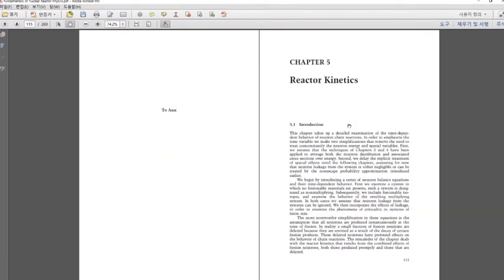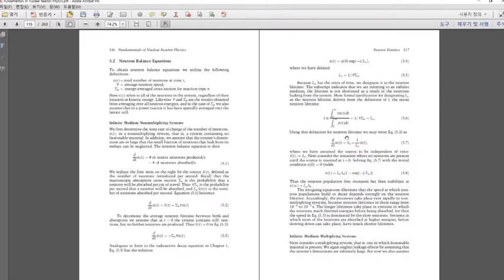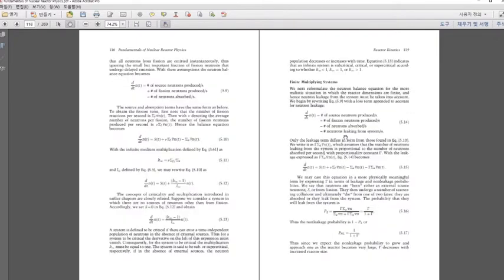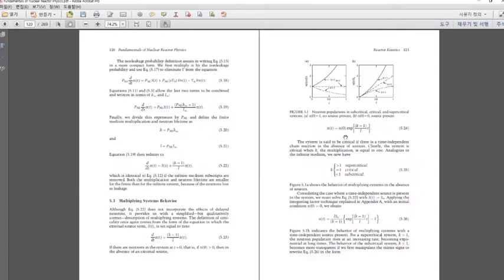So we are currently talking about chapter 5, reactor kinetics. Starting from neutron balance equations, we derived the equation for prompt neutrons without properly considering the effect of delayed neutrons.